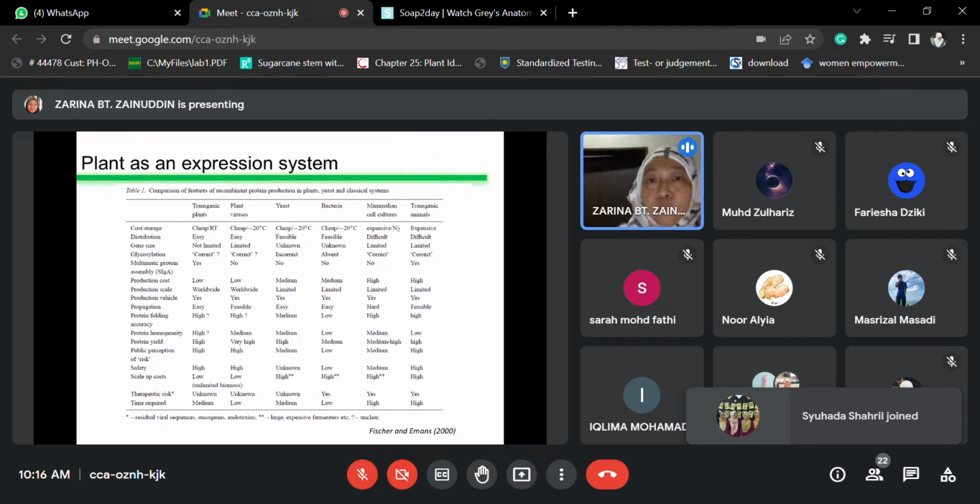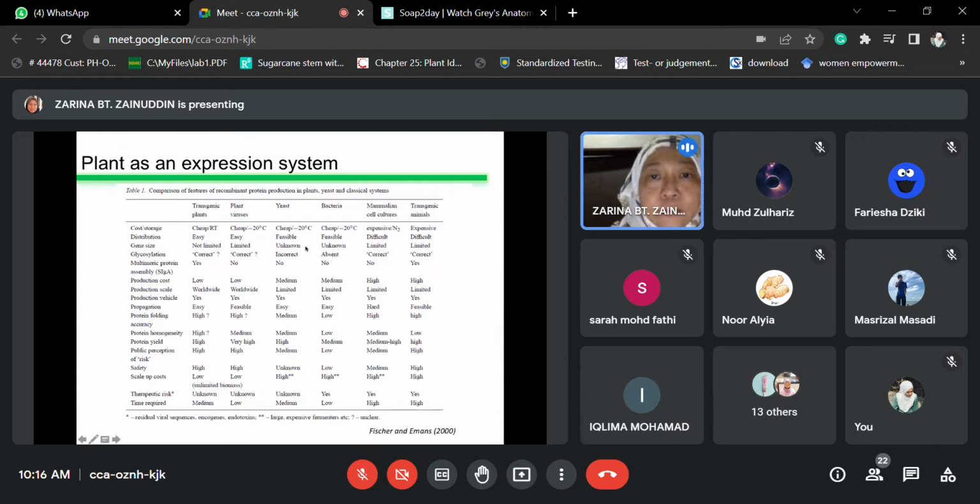So this table shows you the comparison between the other systems as a factory to produce biological products. When we compare in terms of cost, if you use plants to produce a vaccine, for example, the process is cheap, and plant viruses are also cheap. But mammalian cell culture is expensive, and transgenic animals as a factory are also expensive.